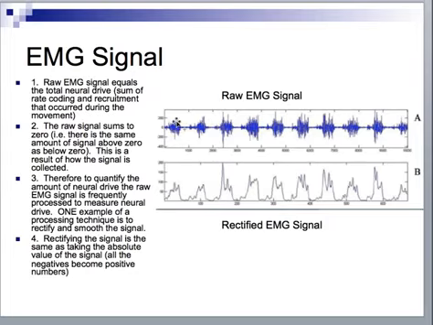So what we're really interested in is how much activity there is in general when we look at the EMG, and that total amount of activity is captured here in this number 1 point. It says raw EMG signals equals the total neural drive, which is the sum of the rate coding and recruitment that occurred during the movement.